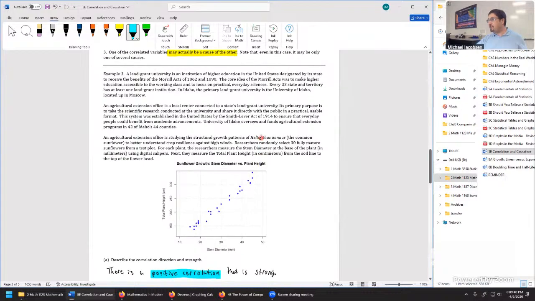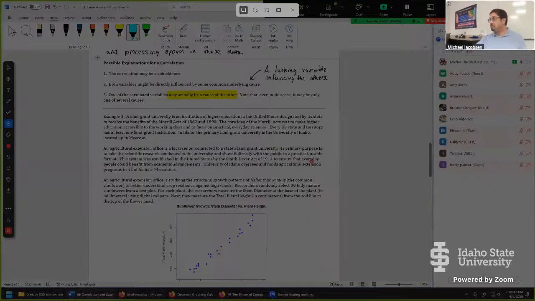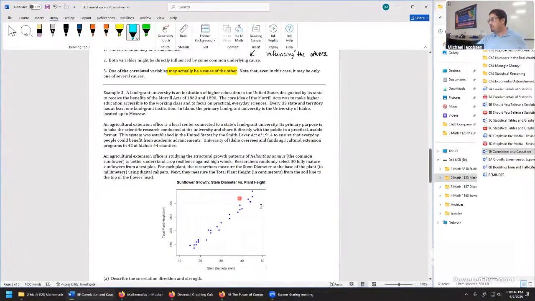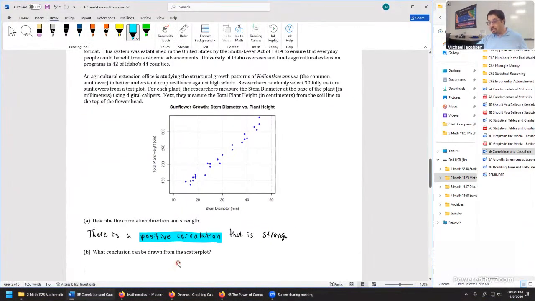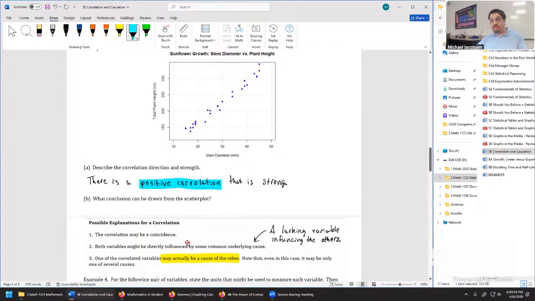And so we were thinking about causation when we were in this portion right here. Maybe let's just screenshot this down for the moment. Whenever we do see a correlation, we wonder, what are the explanations for the correlation that we see? There could be a coincidence, like we mentioned before. It's possible if we take a random sample of 10 observations, they might fall into a pattern just by coincidence alone.